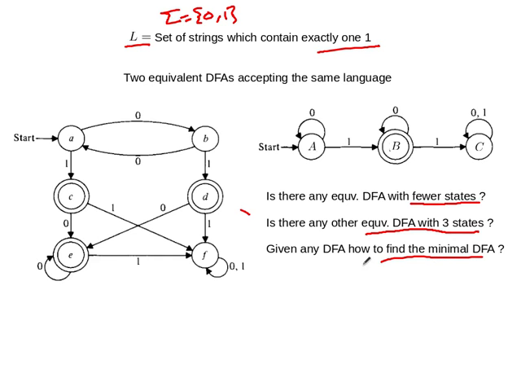So for example, if this is given, it's good to have some method such that you somehow transform this into this one. Okay, so these are the things we are about to discuss when we say minimization of DFA.